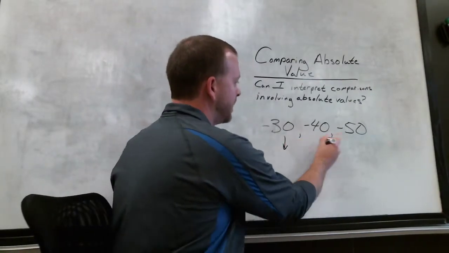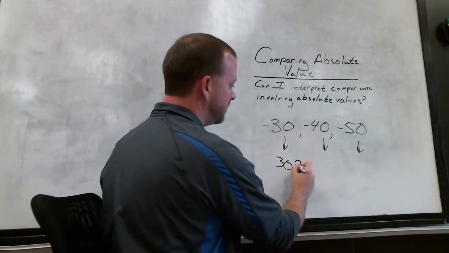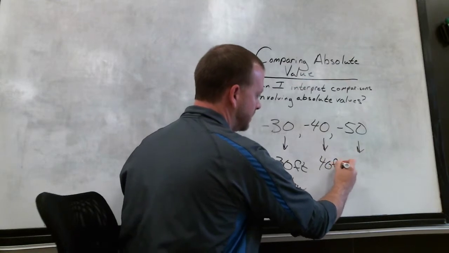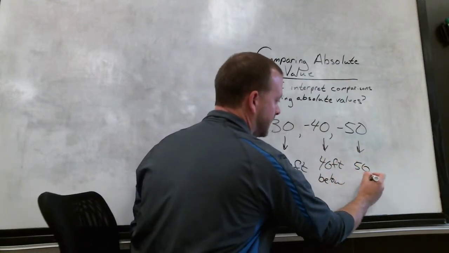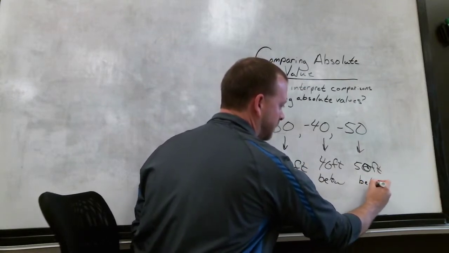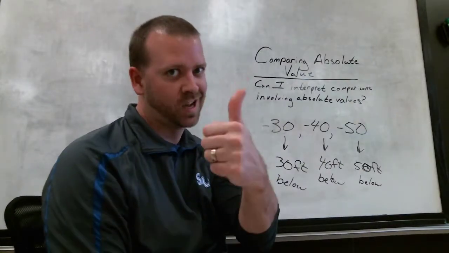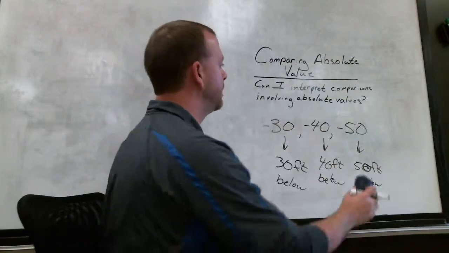So I use the absolute value each time of each one of these. So 30 feet below, 40 feet below, and 50 feet below. Okay? Make sense? Awesome.